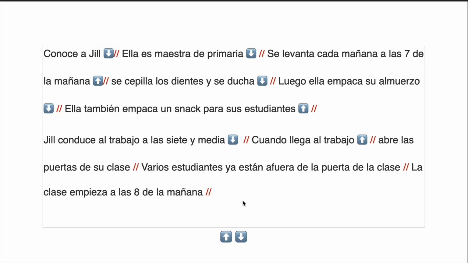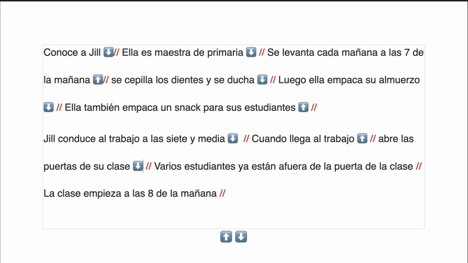So cuando llega al trabajo, abre las puertas de su clase. So goes down at clase. Varios estudiantes ya están afuera de la puerta de la clase. De la clase. Okay, so this goes up.